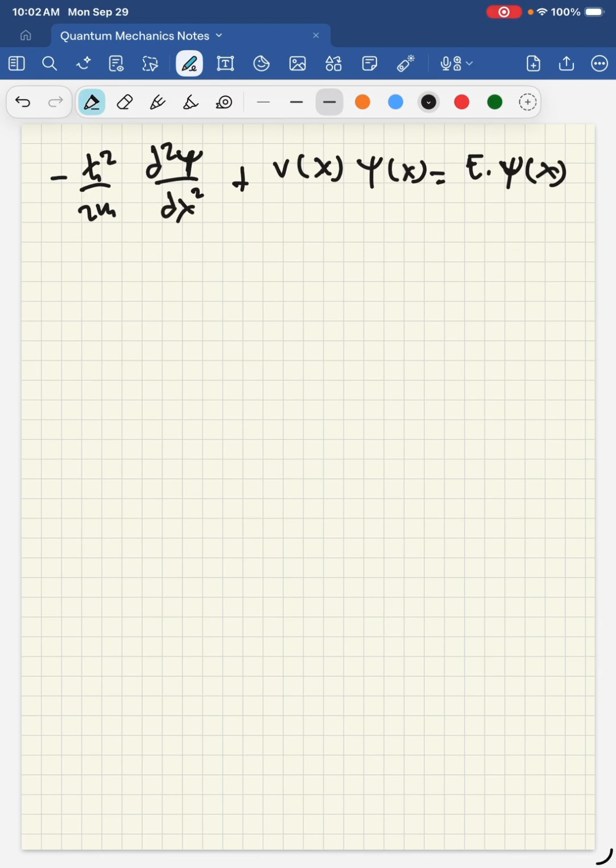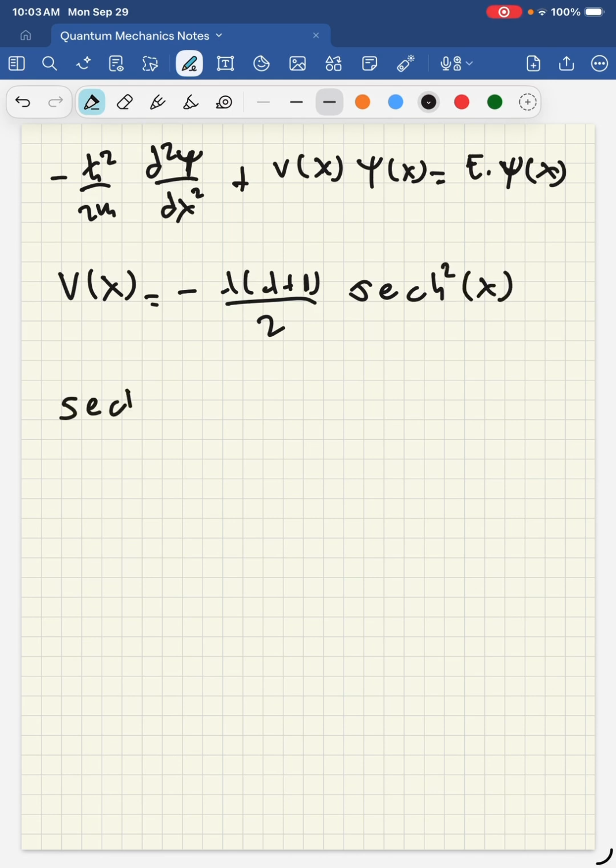And for the Poschl-Teller potential, V of x is minus lambda times lambda plus 1 over 2 times the hyperbolic secant squared of x, and the hyperbolic secant of x is 1 over the hyperbolic cosine of x.